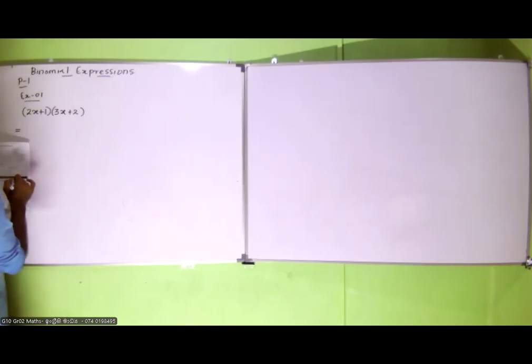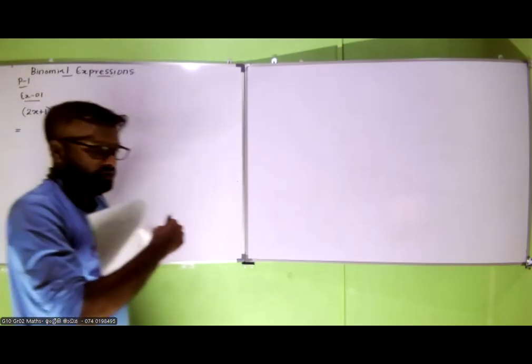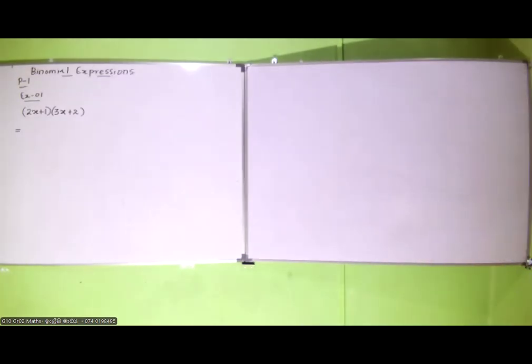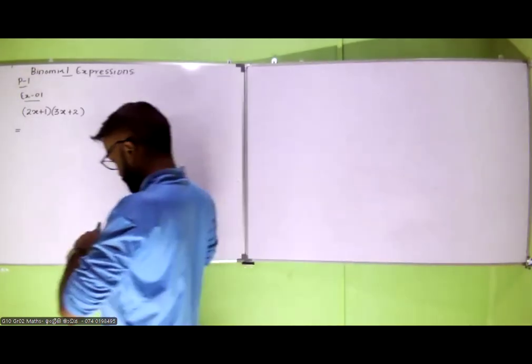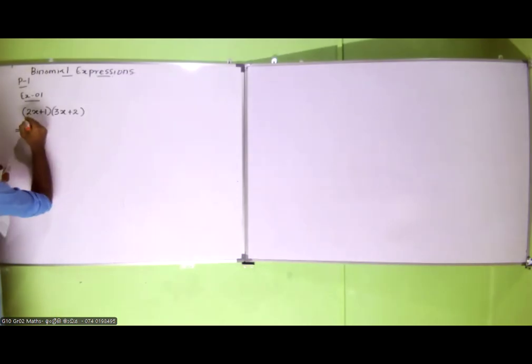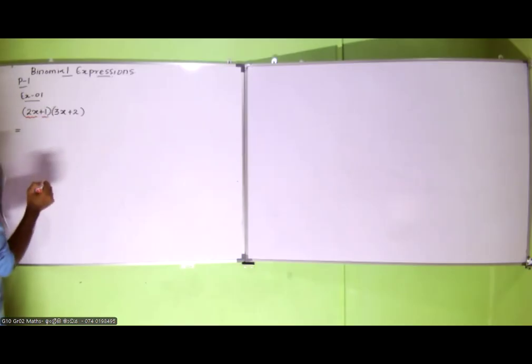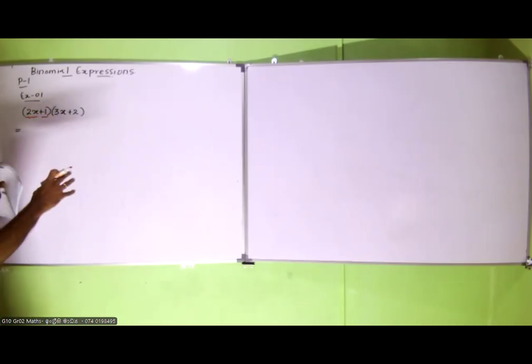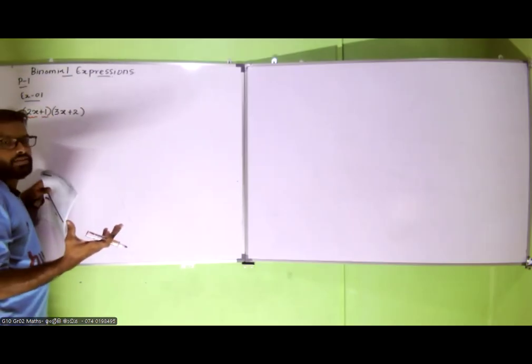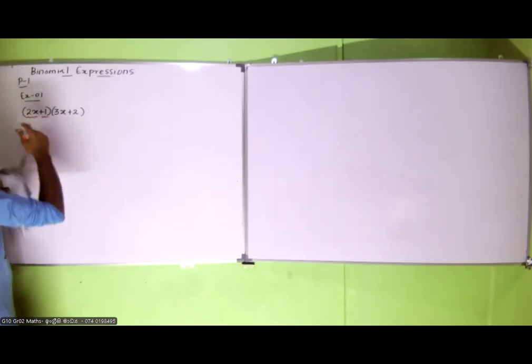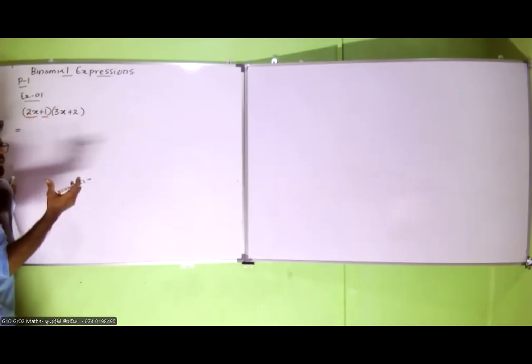If I tell you, you can find in the first parenthesis here you have 2x, and here you have constant 1. The meaning of this bracket is please multiply. So what do we need to multiply?